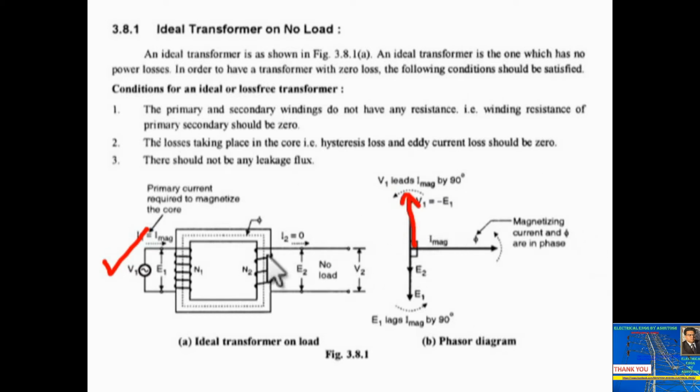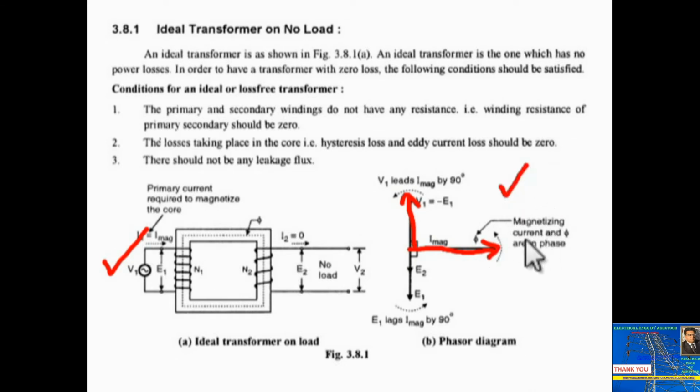Okay, then see guys, there will be a current that is flowing in the primary circuit. Okay, so all the current will be magnetizing current. Total current, whatever the current will produce, that will be the total flux. So the total current will be called magnetizing current, and that will be represented by I phi or Im, I magnetizing current, and that will produce the whole flux.